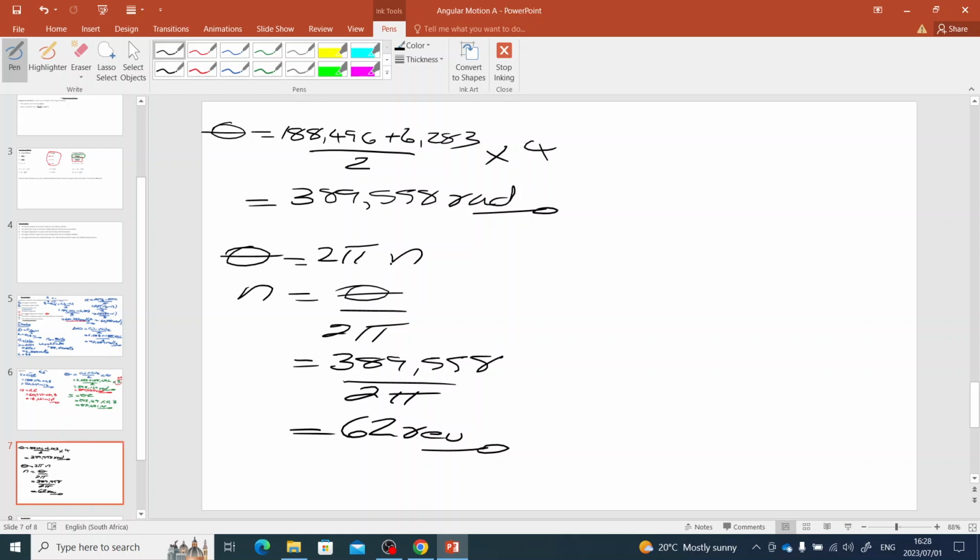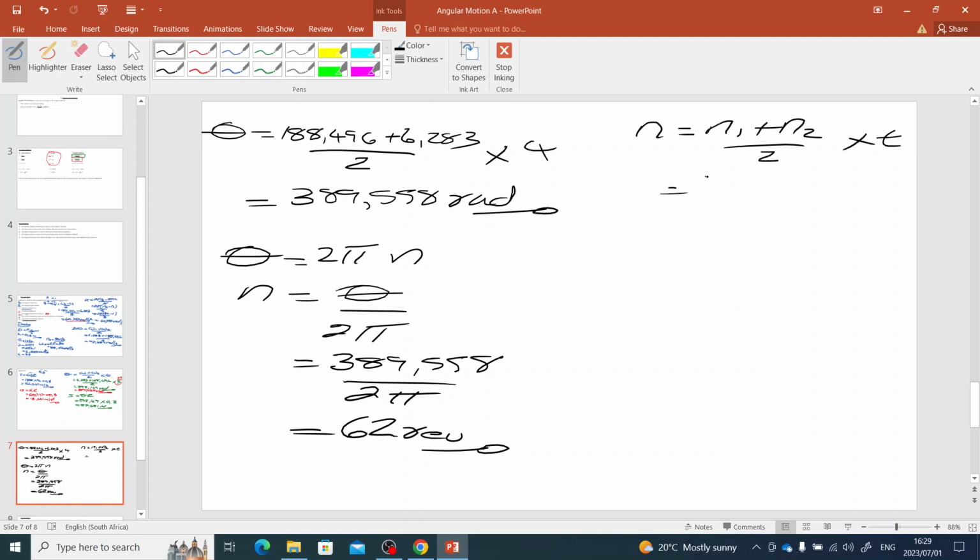Now, another approach that you can take in tackling this question: calculate the average N. You can say N equals (N1 plus N2) divided by 2, multiplied by time. Remember, it is the same formula. We took out the common factor, 2 pi n.